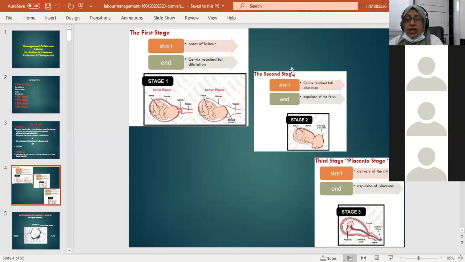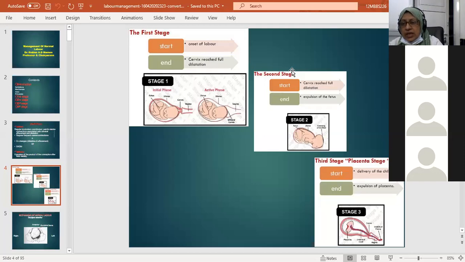I am showing you all these things because in normal labor, the vertex is the presentation we feel by vaginal examination, and the occiput is the normal position.